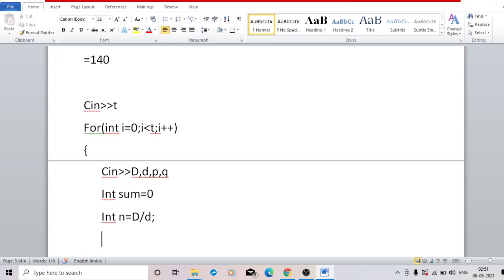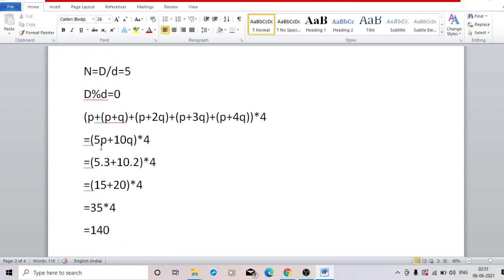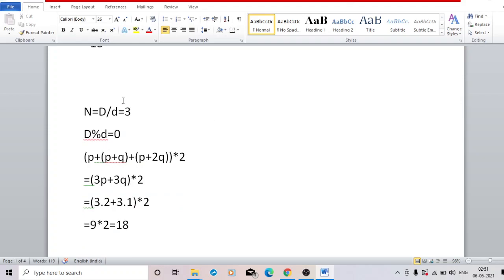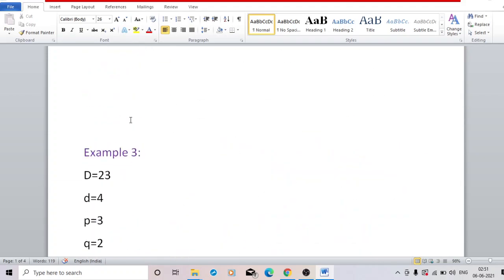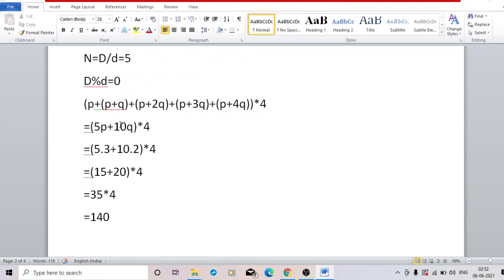Now I have to calculate the actual thing. I use this formula. See here, it is 5P. 5 is the value of n. See here, it is 3P. 3 is the value of n. So P into n plus, say it is 10Q, because 1 plus 2 plus 3 plus 4, total 10.